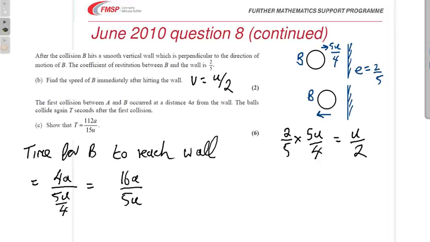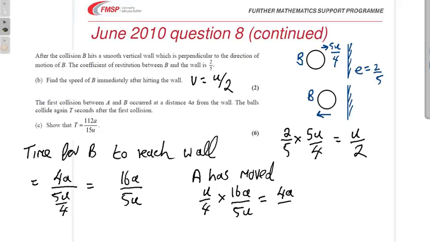That's the time it takes for B to reach the wall. In that time, A has moved, looking back at the last page, A was going at a speed of u over 4. So A has moved a distance of u over 4 times 16a over 5u, and that's a distance of 4a over 5.